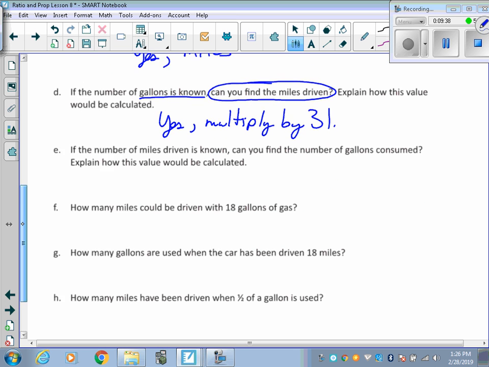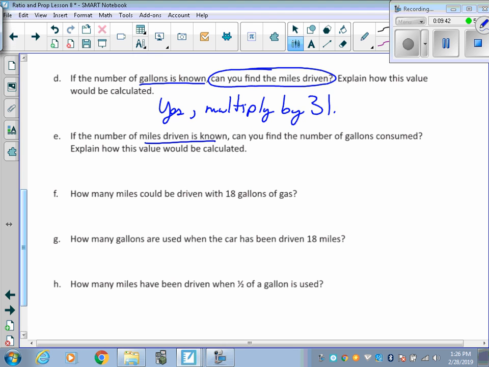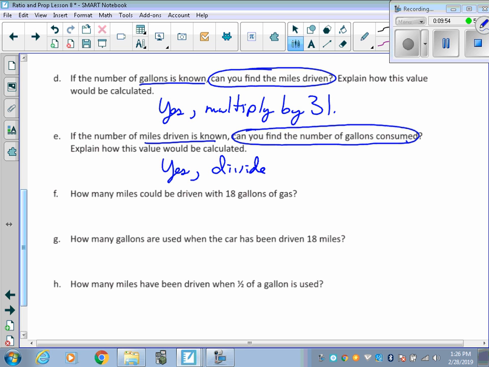If the number of miles driven is known, can you find the number of gallons used in the car? Again, I want you to think about it, but the answer is yes. And this time you're going to divide by 31. Just like the last couple of days, it's all about multiplication and division. So you're either going to multiply or divide.